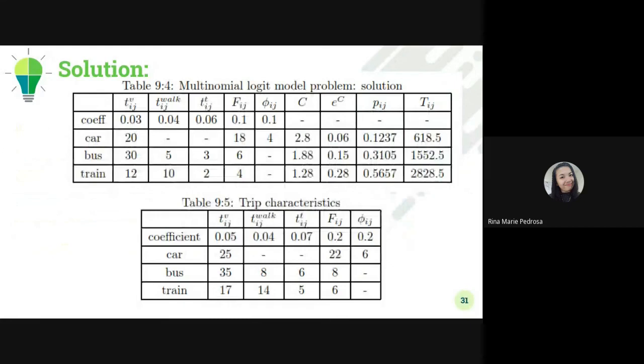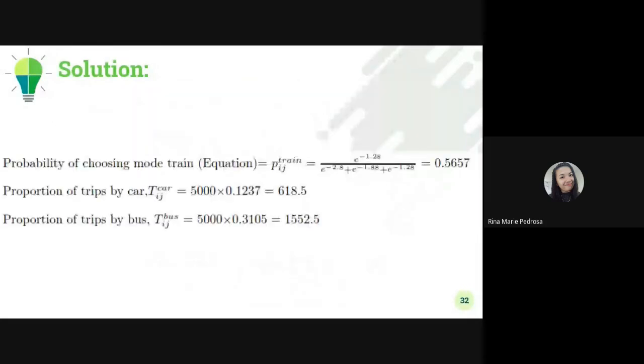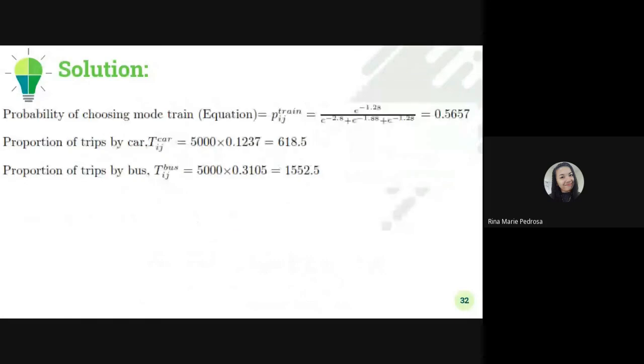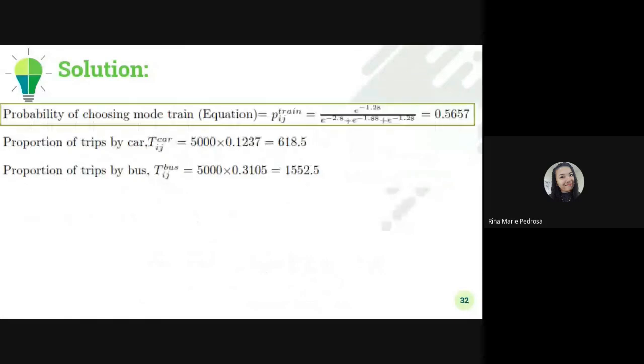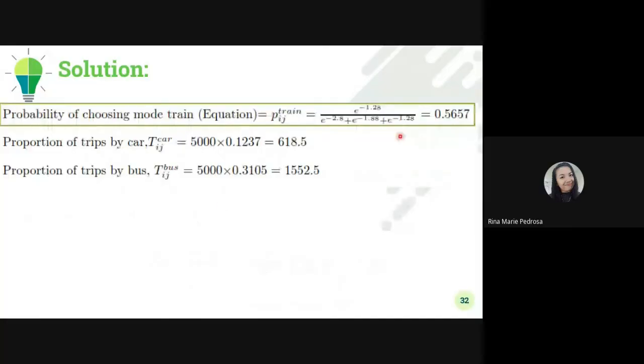I think I left that one. So we have the trip characteristics. Again, first let's compute the probability. Oh, here's the train. I thought I left it on the other slide. So we have this one.